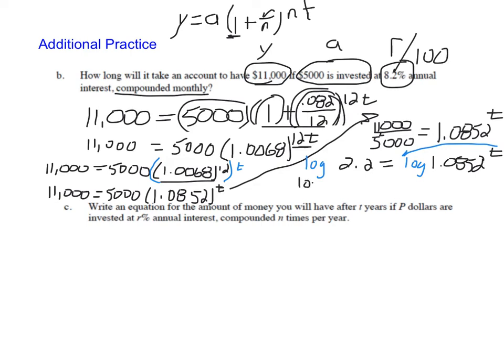And so I have the log of 2.2 equaling t times the log of 1.0852. Now divide both sides by the log of 1.0852.